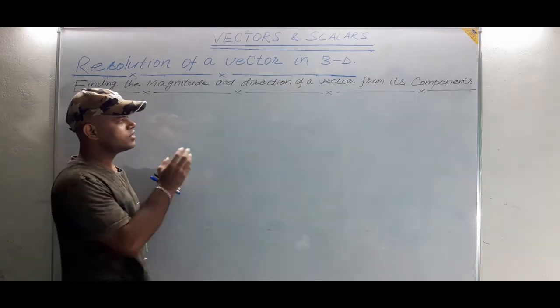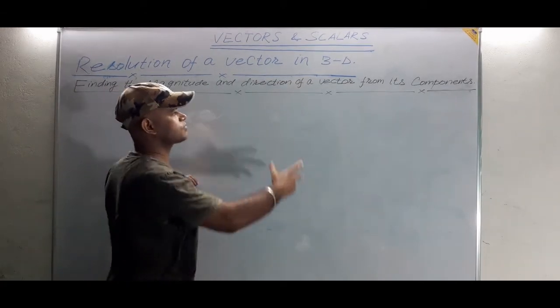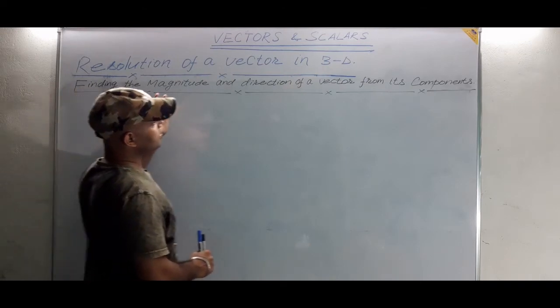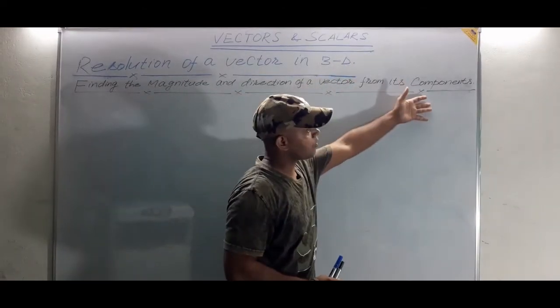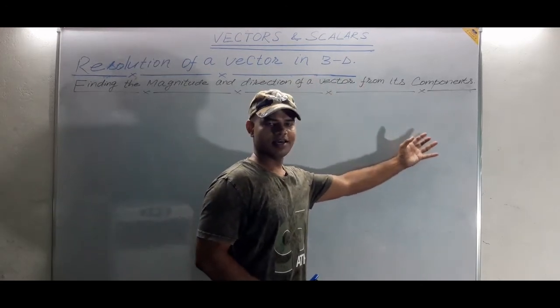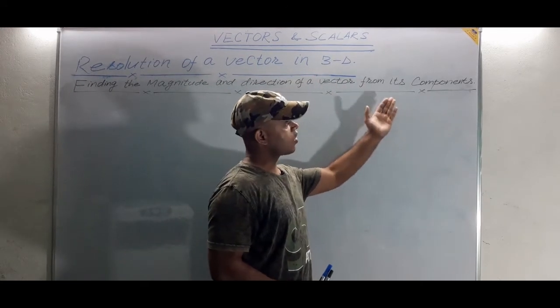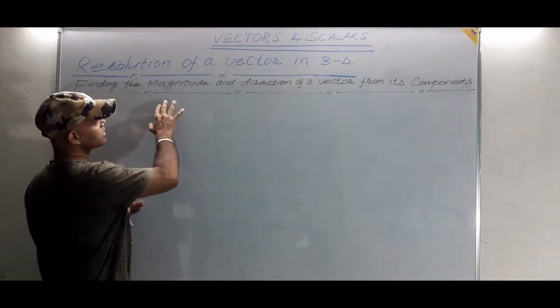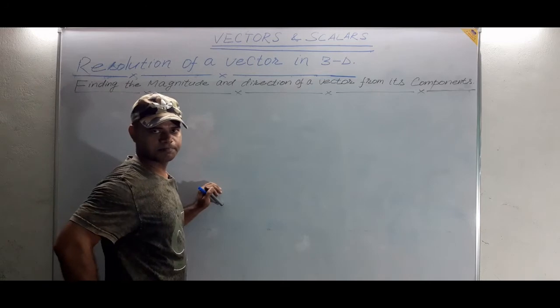But now we are doing just opposite of that, a reverse process. What is that? Now we have been given a vector in its components form, means the components of the vector are given, the components along x, y and z are given and we are required to find the magnitude and direction of the vector.